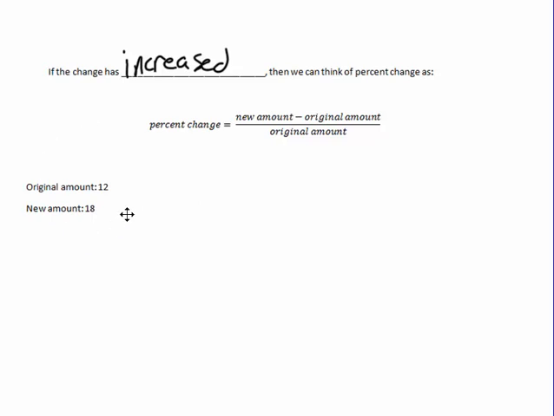And now here we have an example. Our percent change is equal to: the original amount was 12 and now our new amount is 18. Since we've increased, we have 18 minus 12 all over 12.